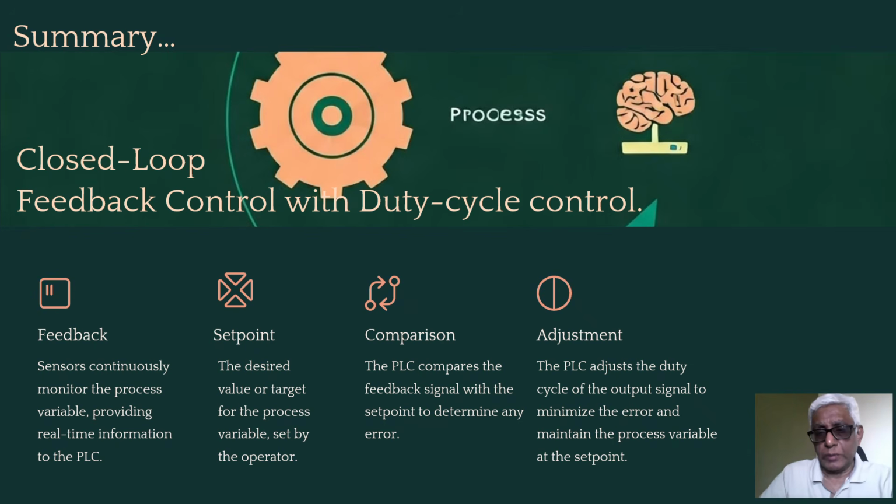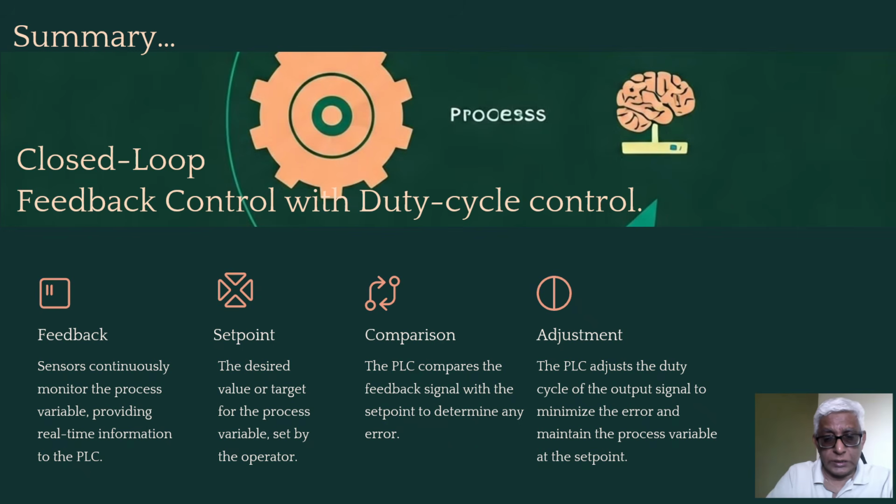Okay, to summarize, we have seen that just like in a PID loop with analog actuators like a control valve, you can use a digital device like a contactor or a control valve heater, with pure on-off control subject to duty cycle control. You can achieve very good results.